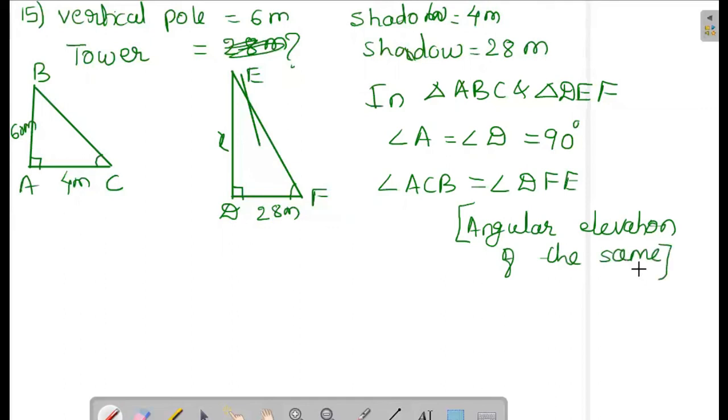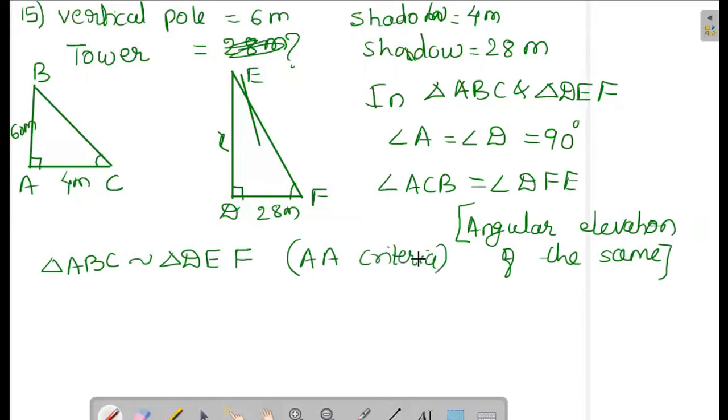At the same time means the angular elevation will definitely be the same. So by AA criteria, triangle ABC is similar to triangle DEF. Then corresponding sides will be in proportion.